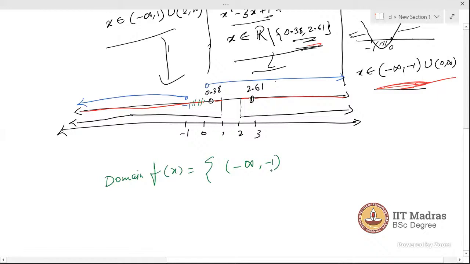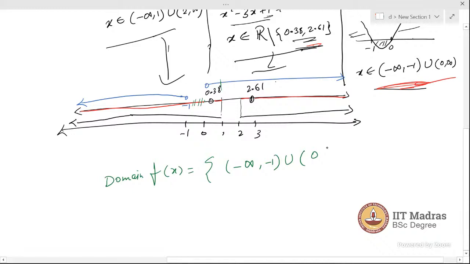Then from the earlier graph, I can have 0 to 0.38, union 0.38 to 1. Can I take 0? No, sir. Open bracket.